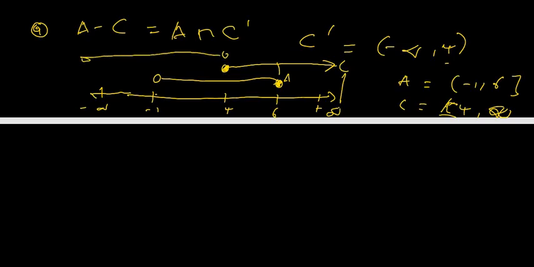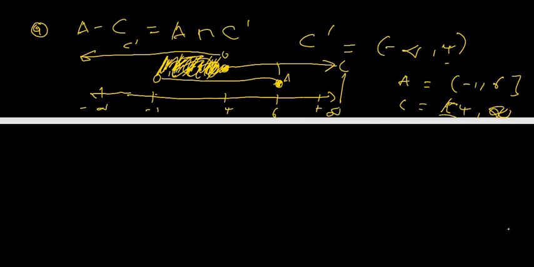So this will be our C complement. Then the intersection of A and C complement is simply just here, meaning that you have shown on the number line A intersection C complement.